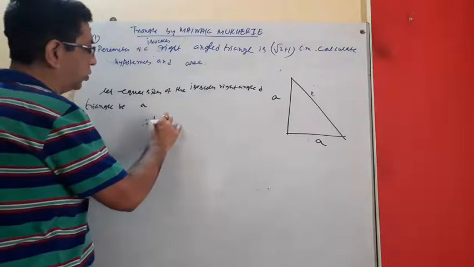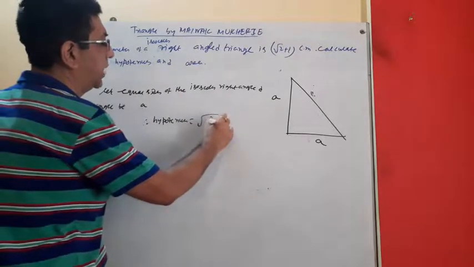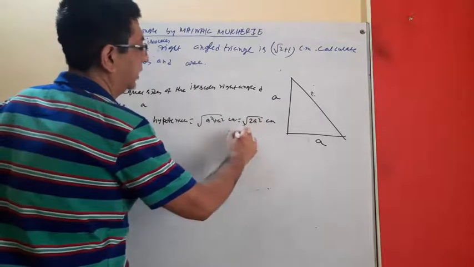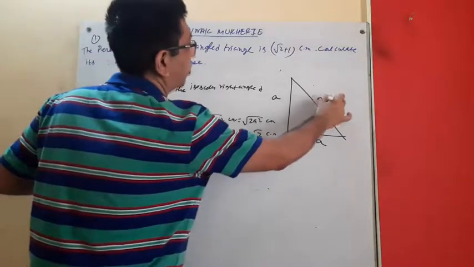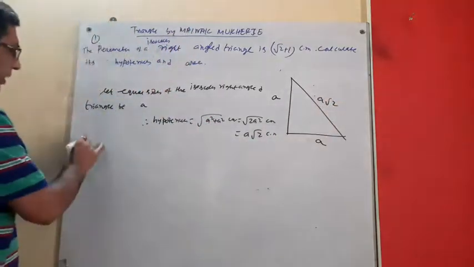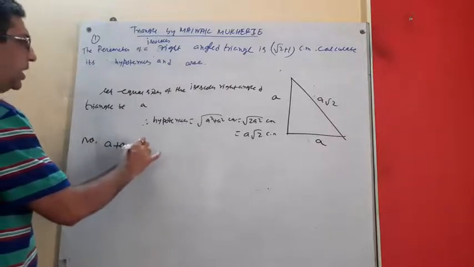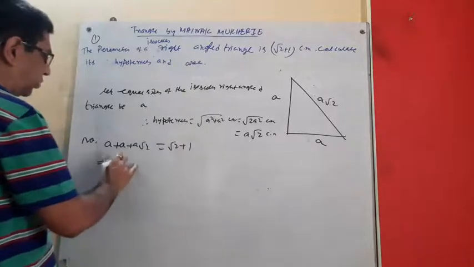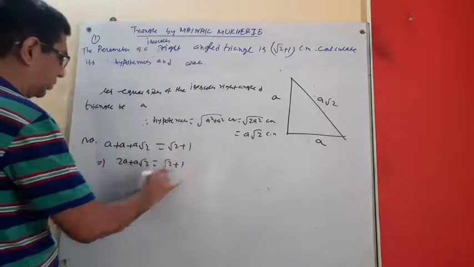Therefore the hypotenuse is root over a square plus a square, root over 2a square, that is a root 2 centimeter. Now the perimeter: what is the perimeter? a plus a plus a root 2. Perimeter is root 2 plus 1. That means 2a plus a root 2 equals root 2 plus 1.